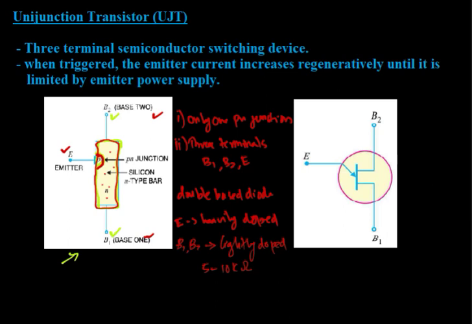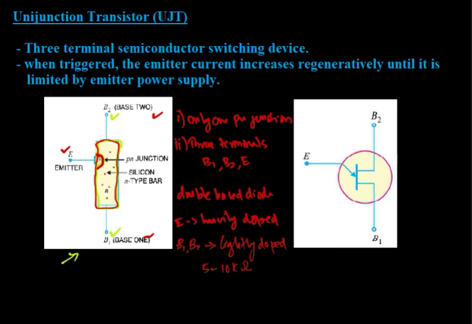And in order to form a PN junction, a P-type material is introduced into the bar near to the base terminal 2, and there forms the PN junction, and the P-type material is called the emitter, and the terminal is called the emitter terminal.